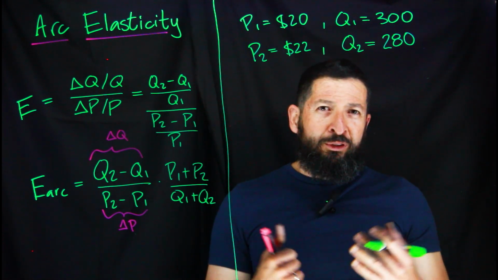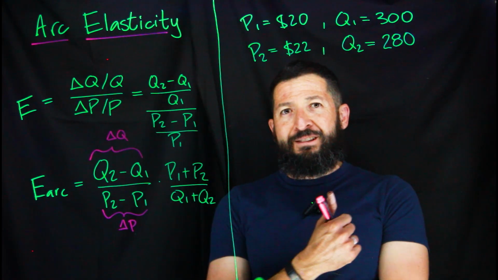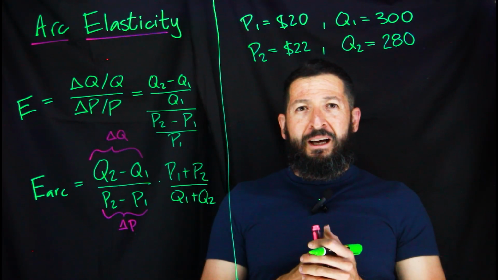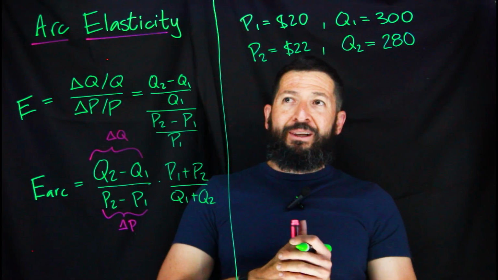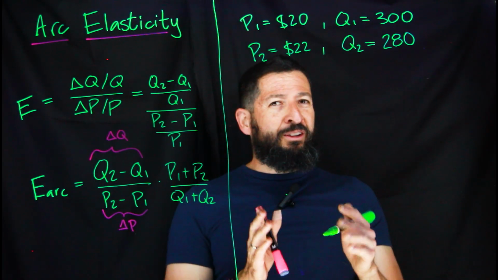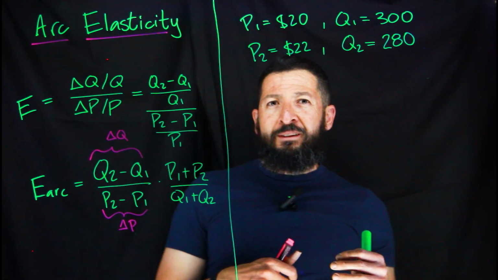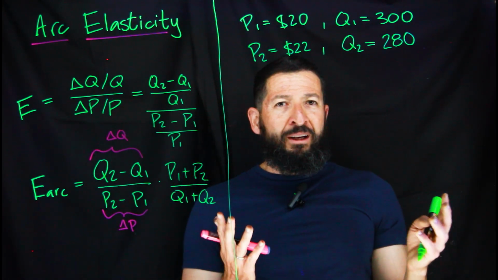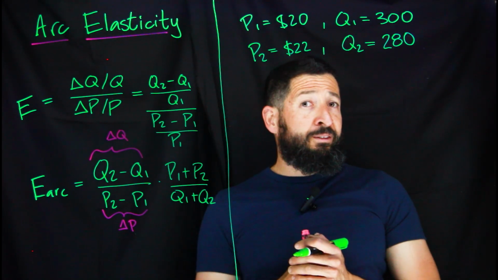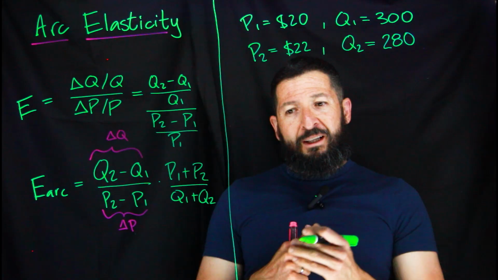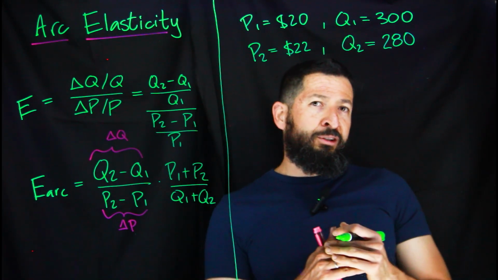For example, something you could compute is for eggs. Eggs change value often, and you can find data for the demand. And actually eggs are very, very inelastic. But it's very interesting because as time goes by, and this is another idea that one should explore, elasticity we compute as a function of the price, but it should also be considered as a function of time, because as prices increase and they're sticky and higher, people will actually start looking for options.